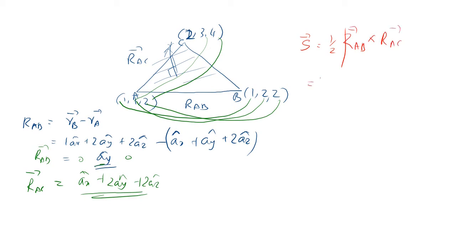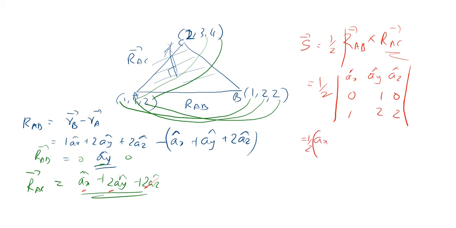which is nothing but half into determinant. What is our ax cap, ay cap, az cap into RAB. The coefficients are 0, 1, 0, and for RAC the coefficients are 1, 2 and 2. So 1, 2, 2, which will give half into ax cap into 2 minus 0, so that will be 2.